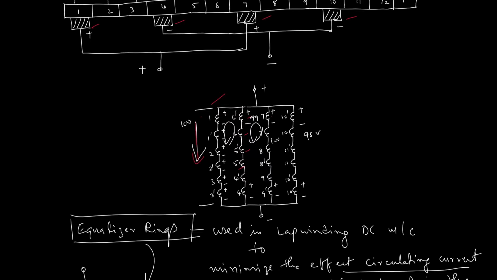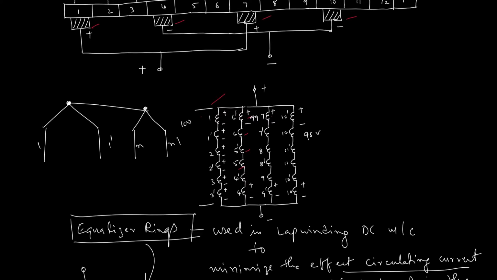Okay, so how do we place these equalizer rings? Equalizer rings are connected onto the backside of the coils. Suppose this is 1 dash, the back end of the connection, and another coil's back end connection, suppose n dash. These two are connected through equalizer rings.